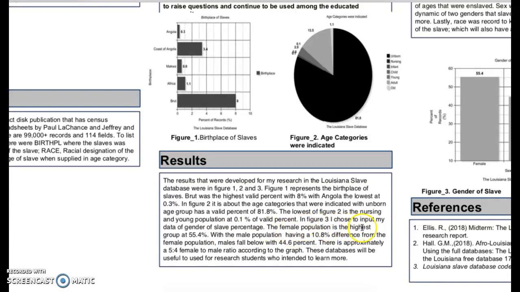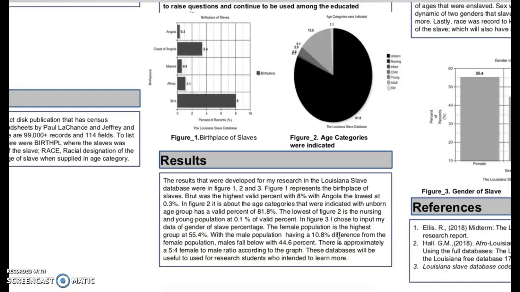In Figure 3, I chose to input my data of gender of slave percentage. The female population is the highest group at 55.4%, with the male population having a 10.8% difference with the female population. Males fall below with 44.6%.